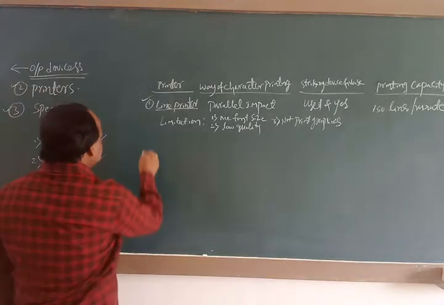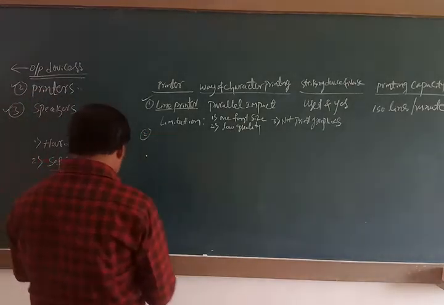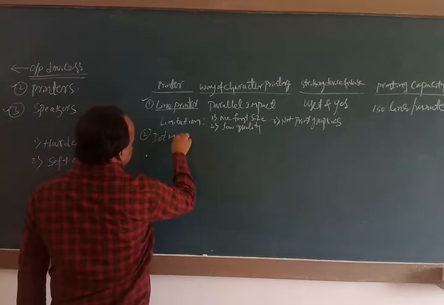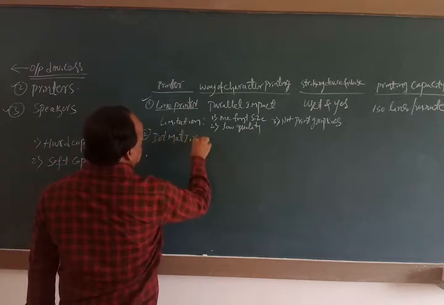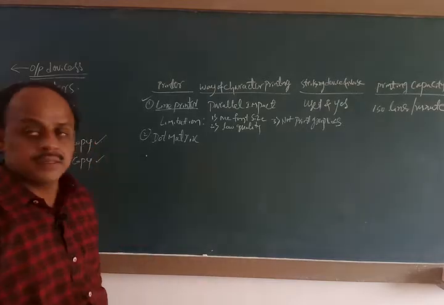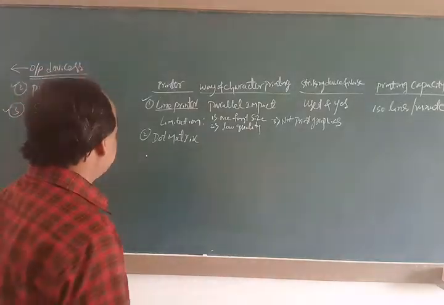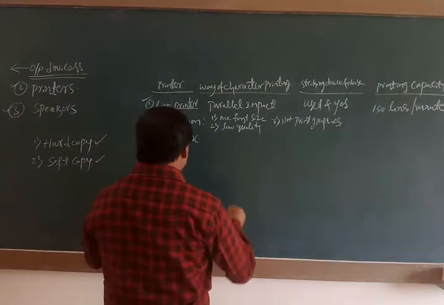Now let us see the second one, that is dot matrix. The way of character printing is serial impact.